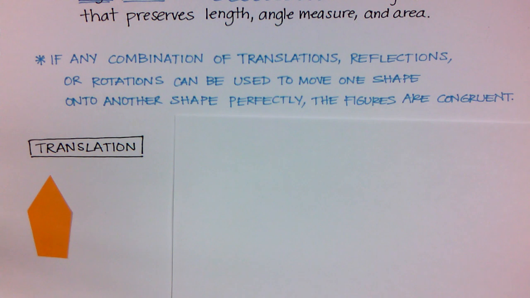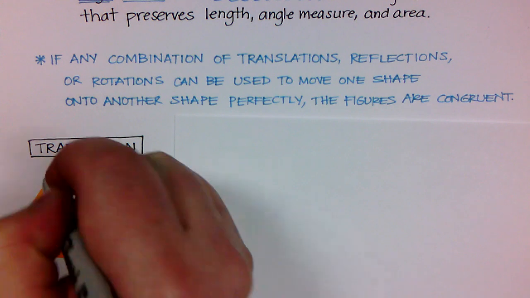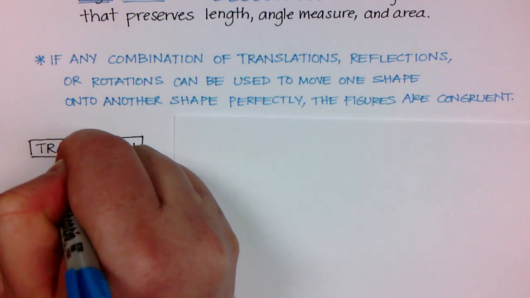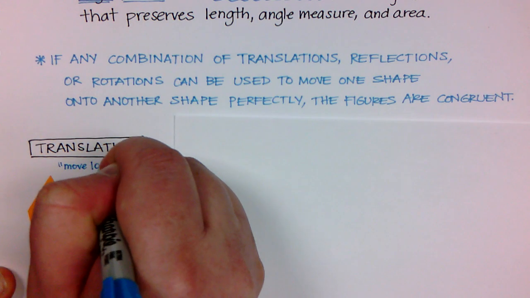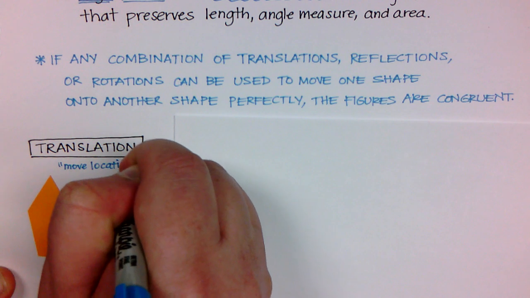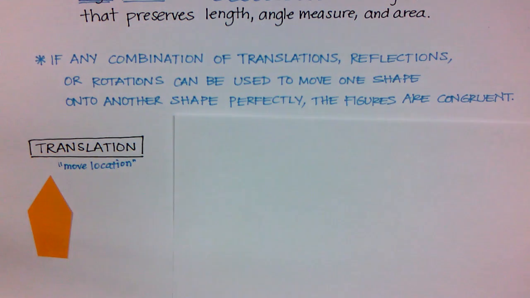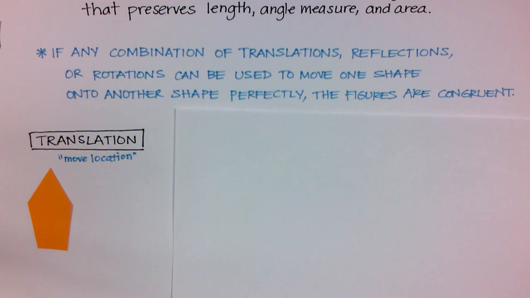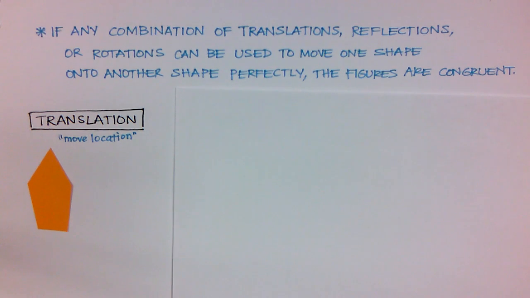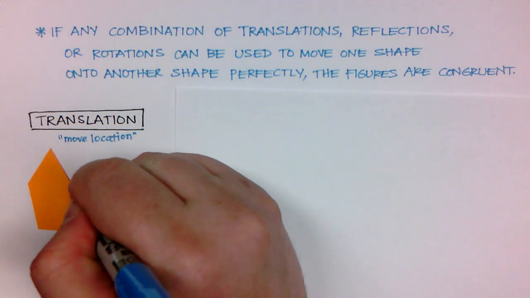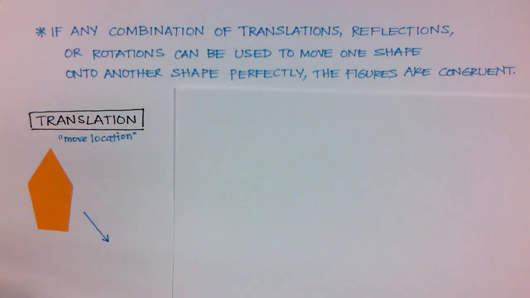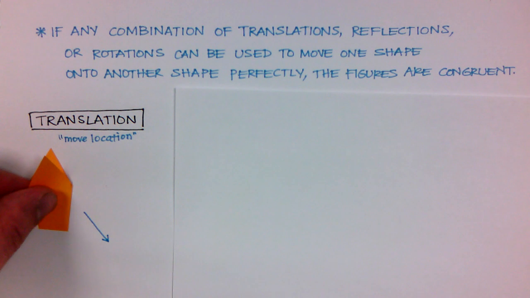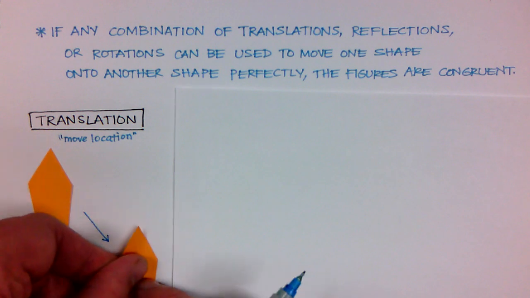When you hear that word, I want you to just think that the shape that you see is just going to simply move its location. That's what we're going to write down to help us remember. So right now I have this orange pentagon, and if I was going to move its location to, let's say, just straight down here, then I'm simply just going to move it down there.